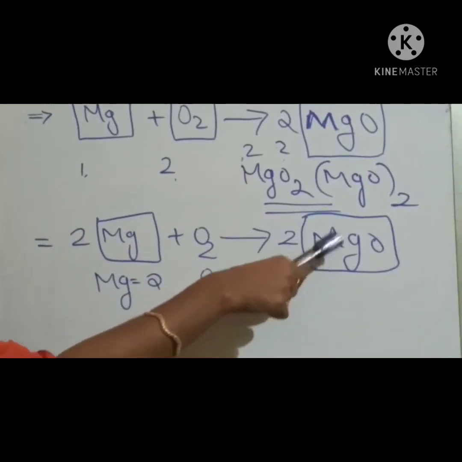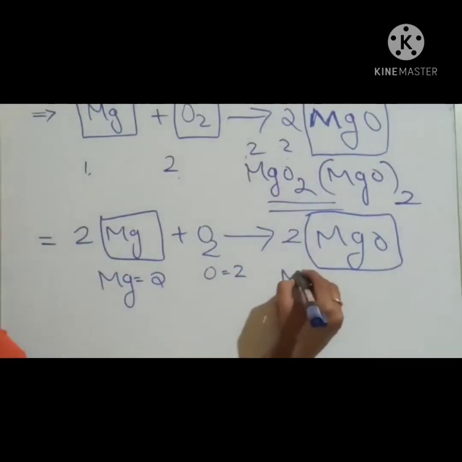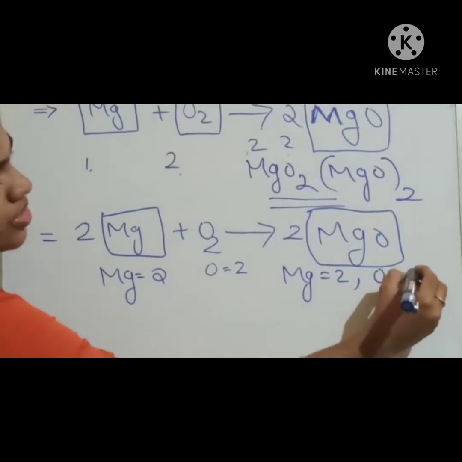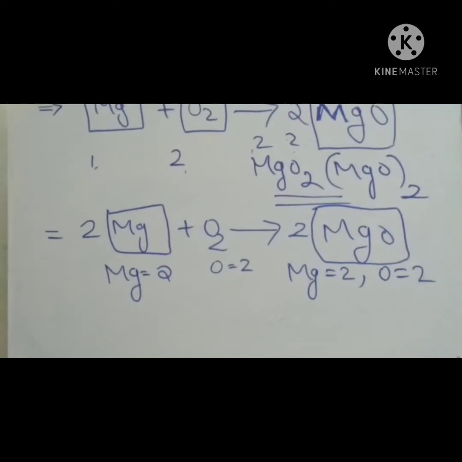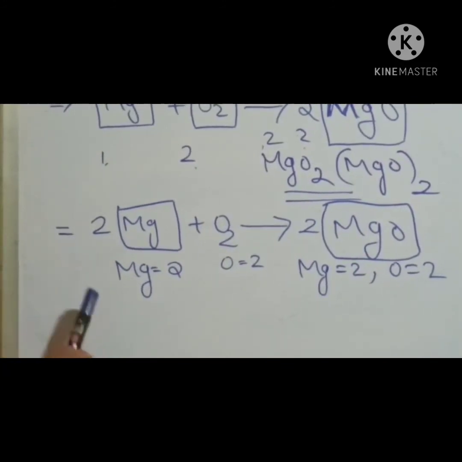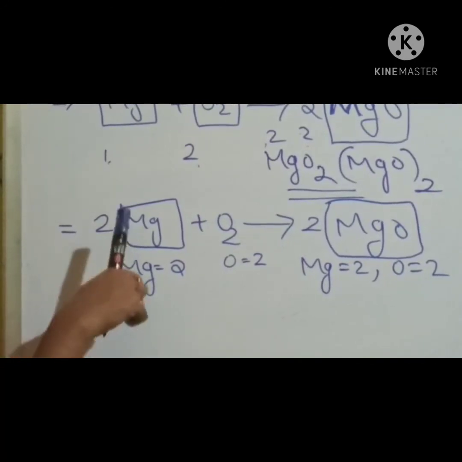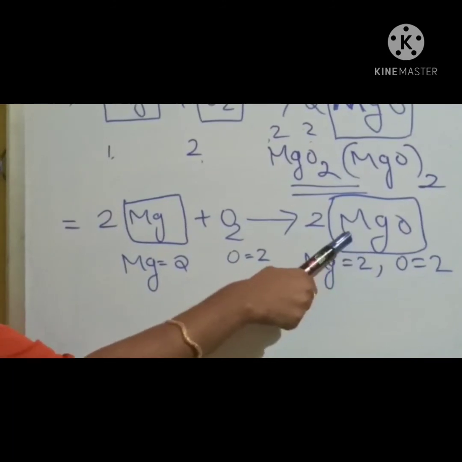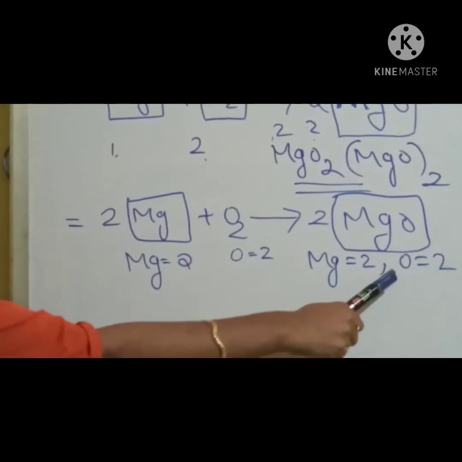And on the right hand side, the number of magnesium atoms is 2 and oxygen atoms is also 2. Hence, according to the law of conservation of mass, the number of atoms of each element on LHS is equal to RHS. So we can say the equation is chemically balanced.